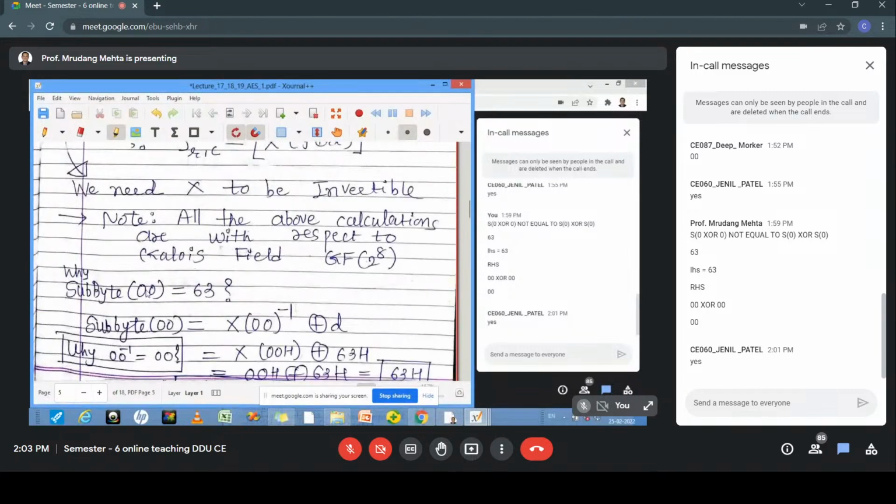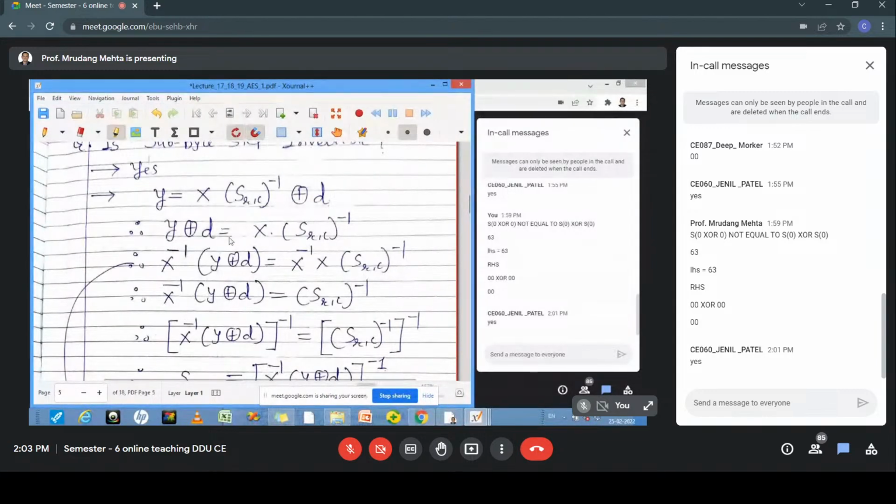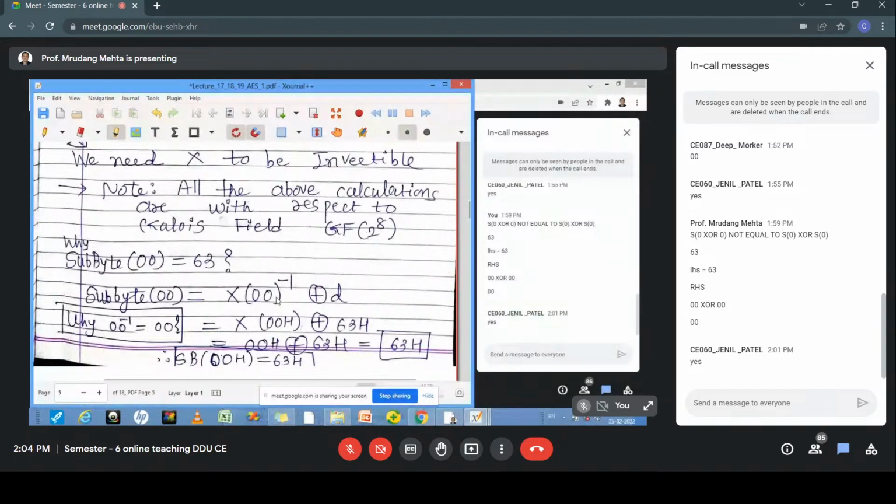Now see, why is subbyte 00 equal to 63? Let us try to understand it. Subbyte 00 equals, if we apply this formula, X is 00, into SRC inverse. What is SRC?